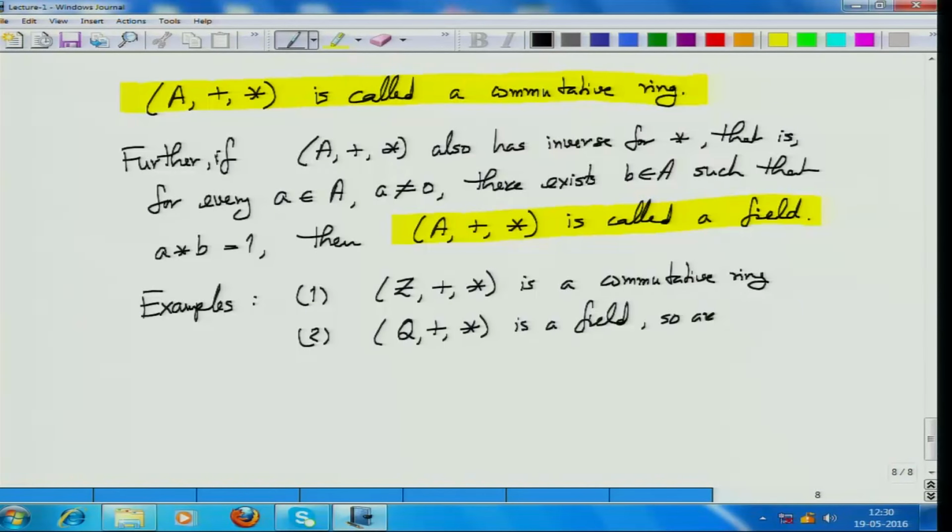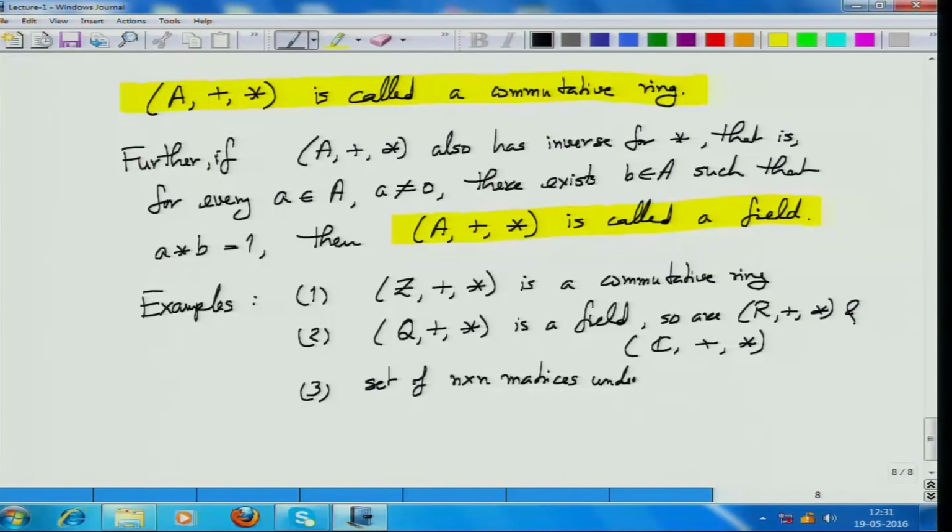So are real numbers under addition, multiplication, and complex numbers under addition, multiplication. Going back to yesterday's example, the set of n cross n matrices under matrix addition and matrix multiplication.